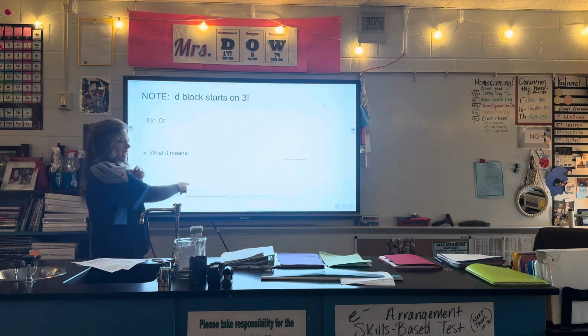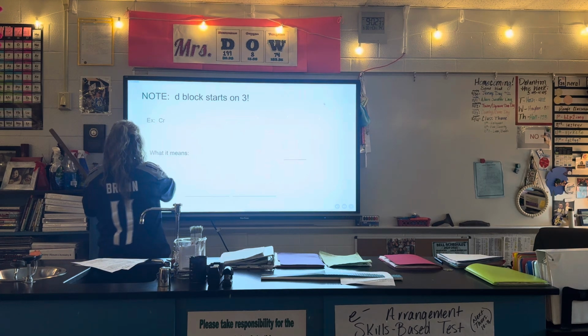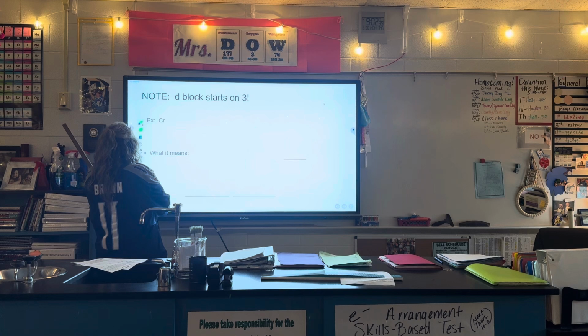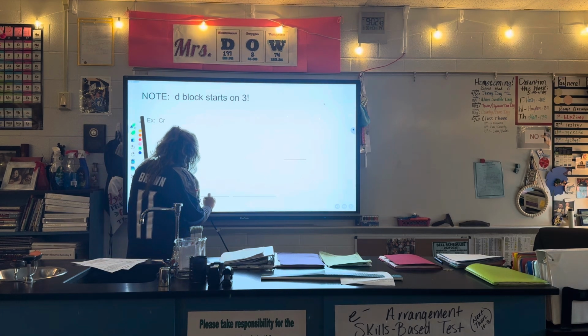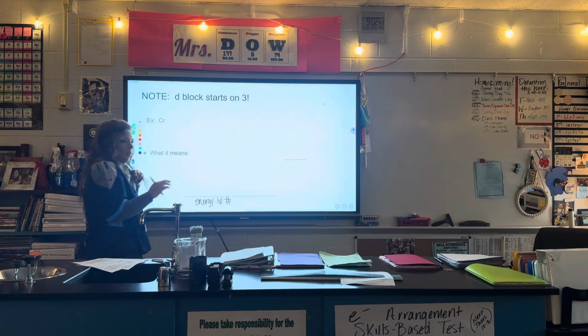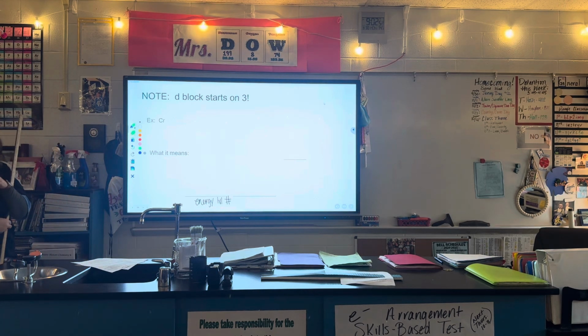So this first blank is going to be our energy level number. So when we have the 1s, the 2s, the 3s, we're talking about what energy level outside the nucleus.